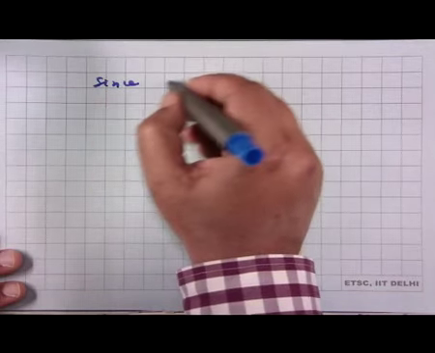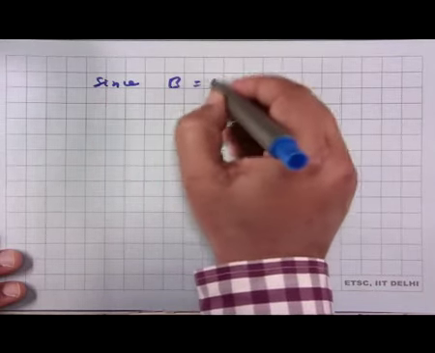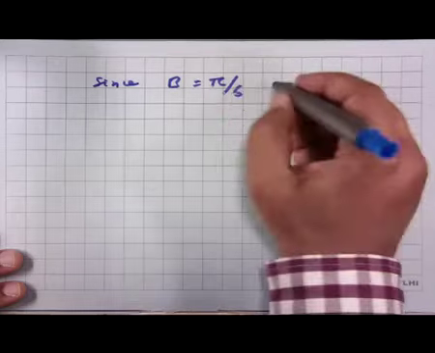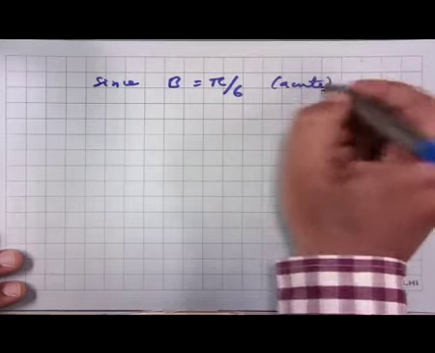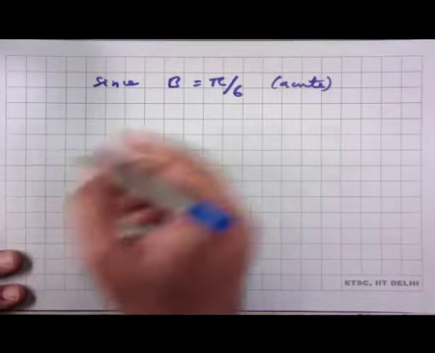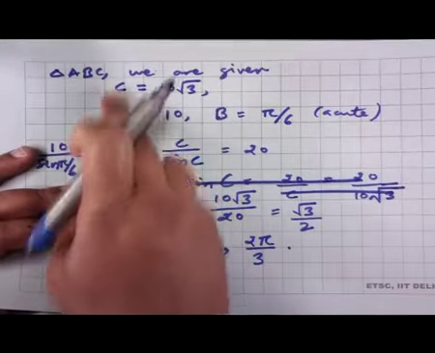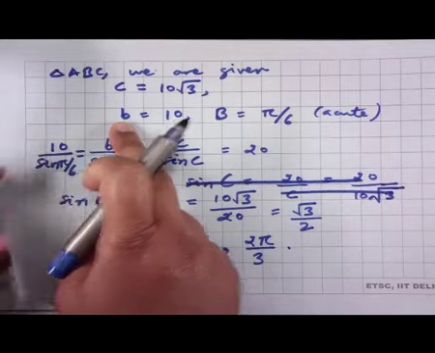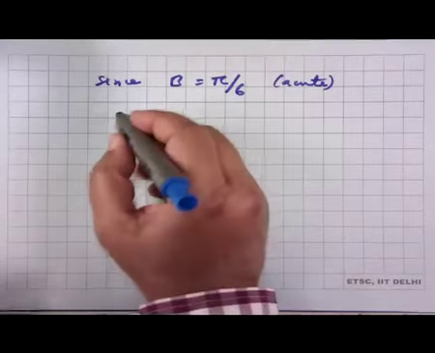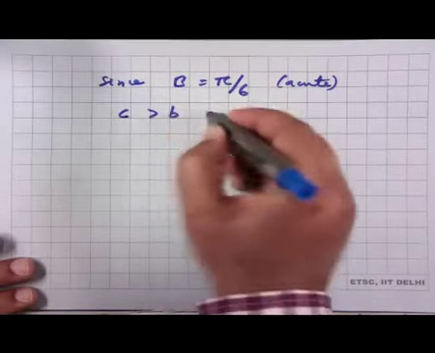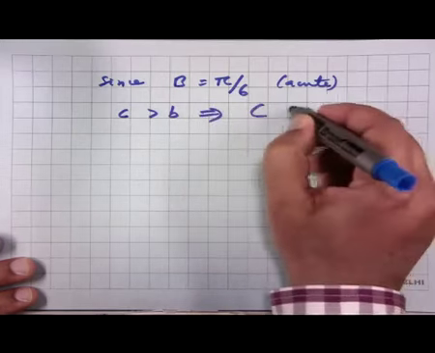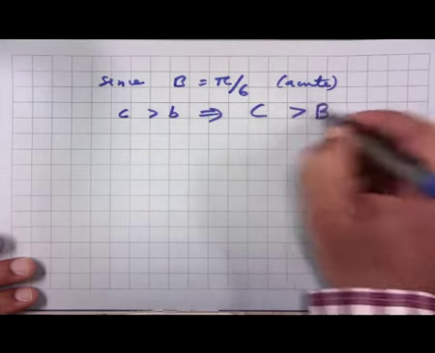Now, we are given that B is equal to pi by 6. So, it is basically an acute angle. Further, we know that c is greater than b, which implies that angle C is greater than angle B.